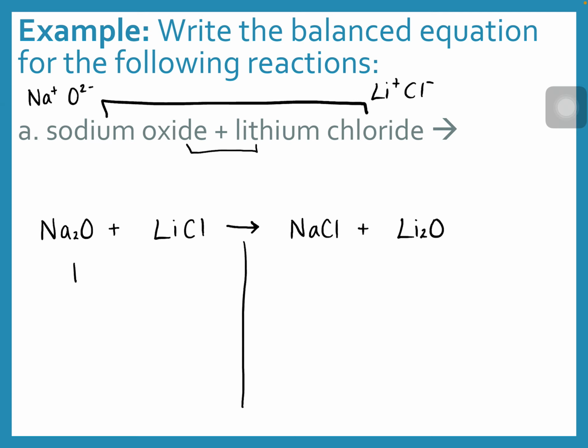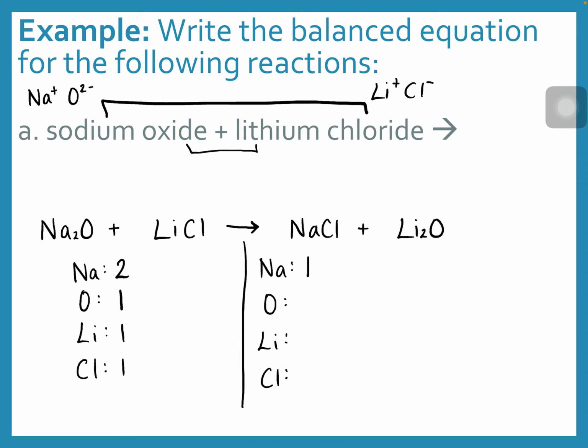And then to balance, I have sodium, oxygen, lithium, and chlorine. I'm going to write the same order on the other side so I can quickly look across to compare each element. So 2 atoms of sodium, 1, 1, and 1, and then here 1 sodium, 1 oxygen, 2 lithium, and 1 chlorine.